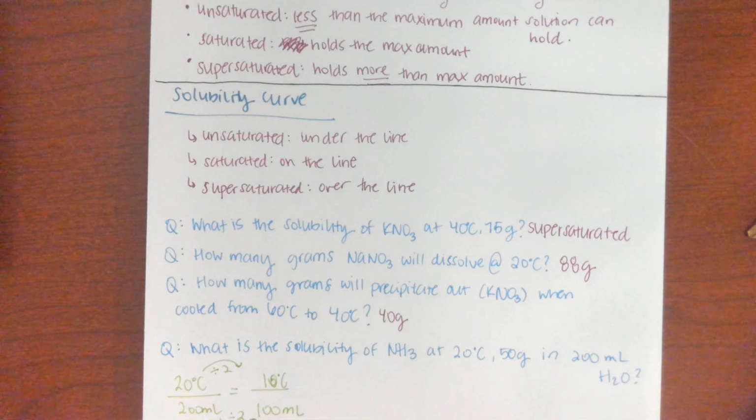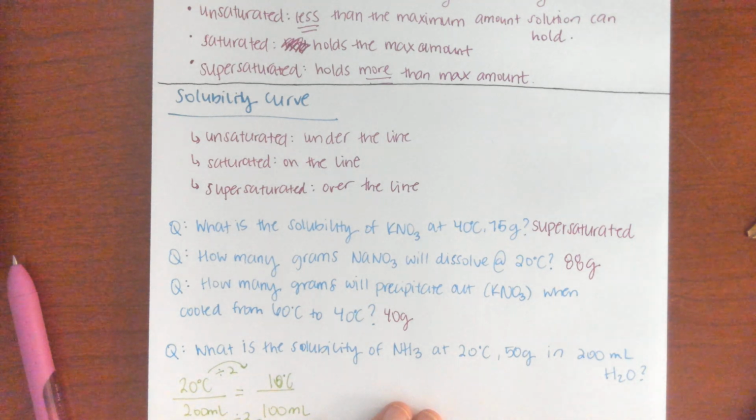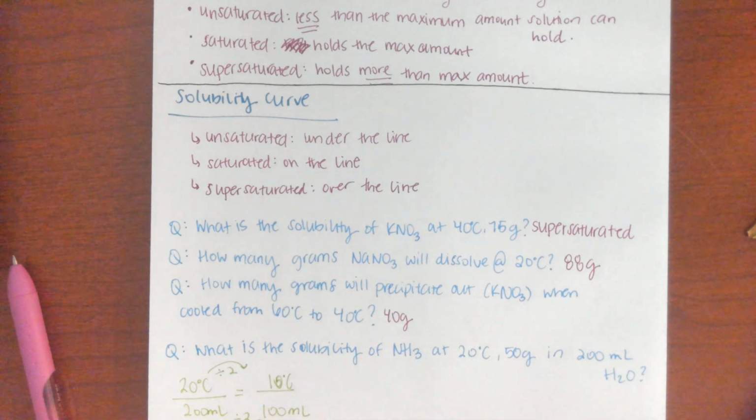Because remember we talked about temperature being a factor, agitation being a factor. Agitation meaning like we shake a solution for it to dissolve. Surface area is a factor, like how big or how small the solute is. Talk about like regular sugar versus sugar cube. Which one would dissolve faster? The regular sugar, exactly. It has more area to cover. So those three things affect how something dissolves.